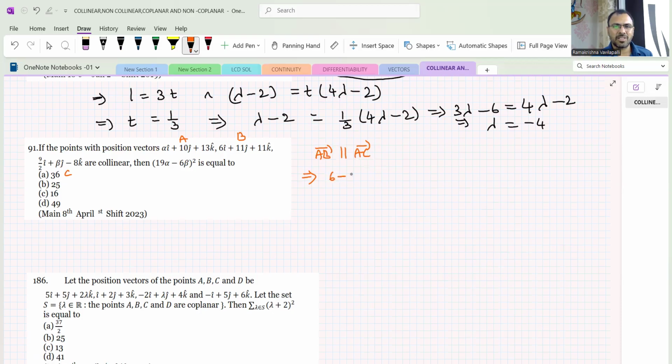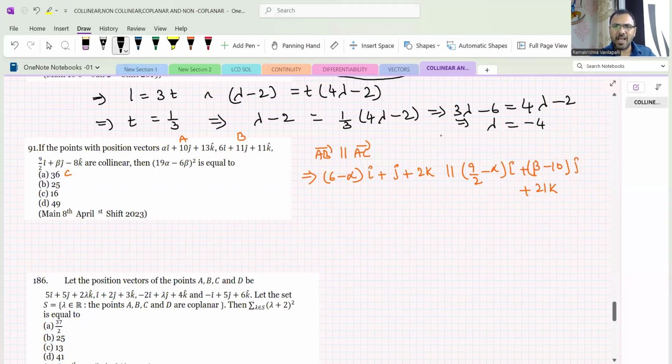You will get 6 minus alpha into i, 11 minus 10, that is plus j, and 11 minus 13, that is plus 2k, is parallel to AC bar vector: 9 by 2 minus alpha into i, plus beta minus 10 j, plus 21k.